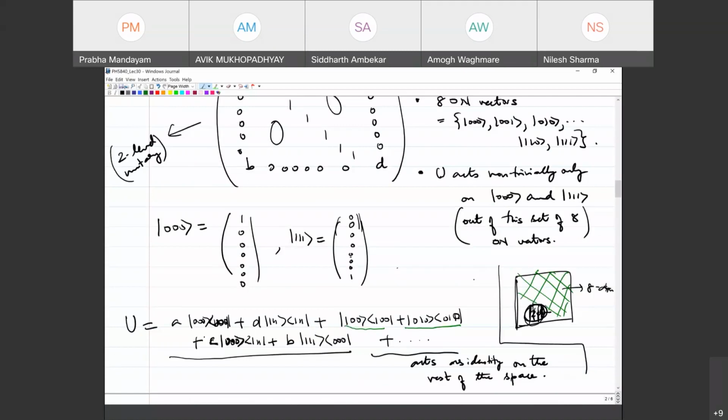When I say trivial, I mean that it acts like identity on the rest of the space. Okay, is that clear? Yes. Okay, thanks for clarifying that.